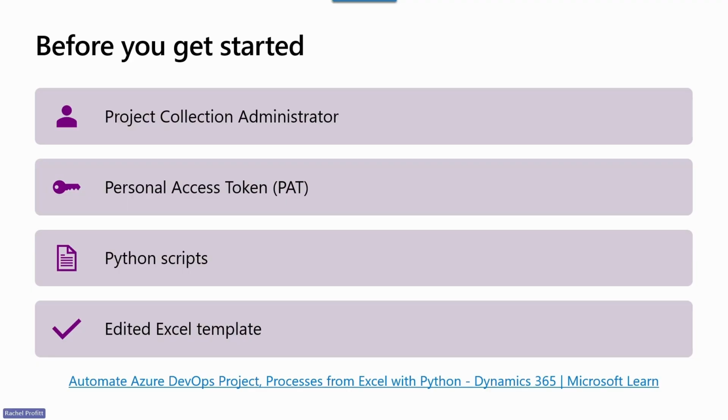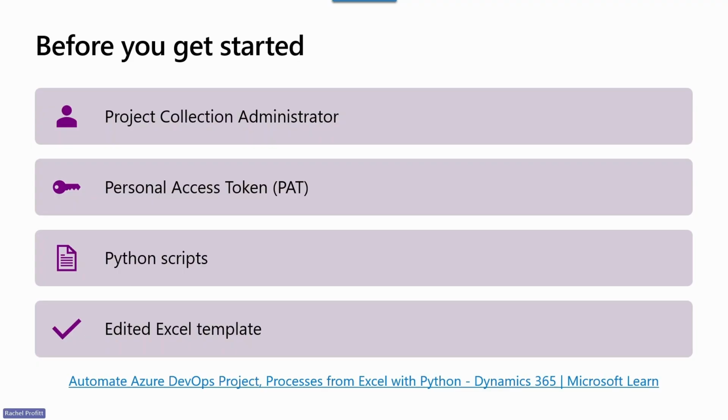So before you can actually start importing and running these Python scripts, there are a couple of things that will need to be in place. The first one is that you'll need to be a project collection administrator for the project or the tenant where you're going to install and configure this Azure DevOps environment.